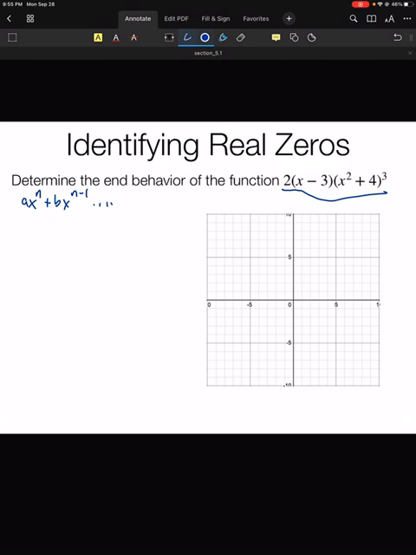When you have a polynomial that hasn't been fully factored yet, and you try to expand it, something like x squared plus 4 cubed can really be a nightmare. But the fact of the matter is that when you multiply all this stuff out, the constants, which are here and here, don't matter at all.